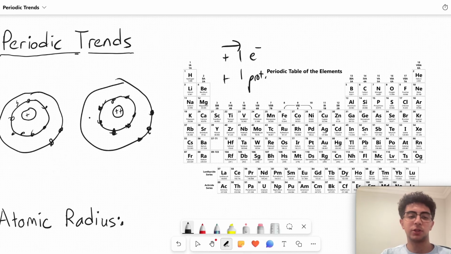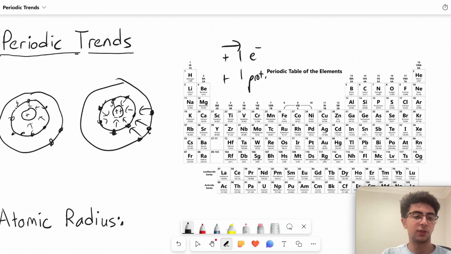What's going to happen is we know positives and negatives attract. So in this one, there are 2 positives. These 2 positives are going to attract all of the electrons inward with a stronger attraction than this one, because this one only has 1 proton.